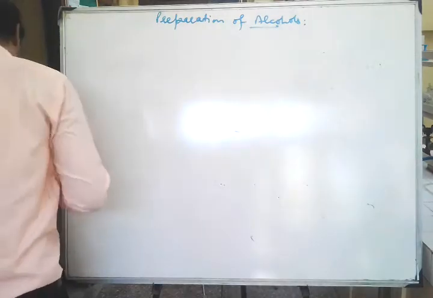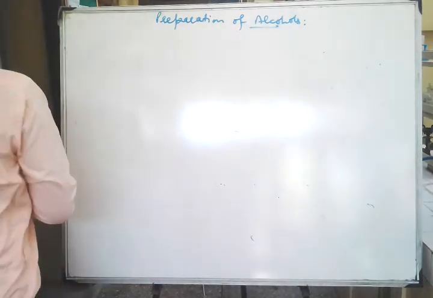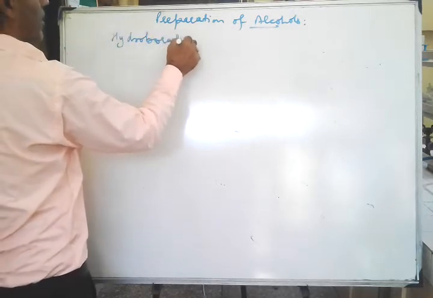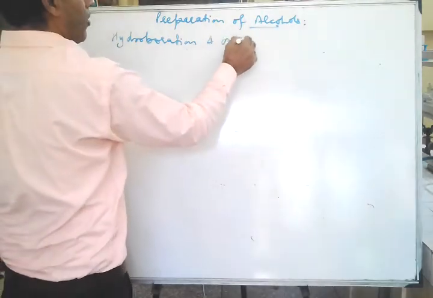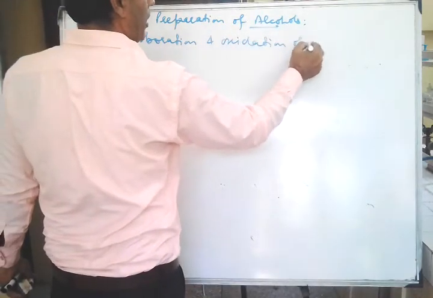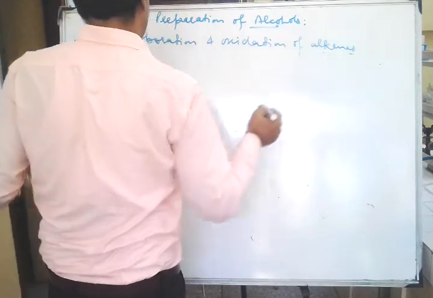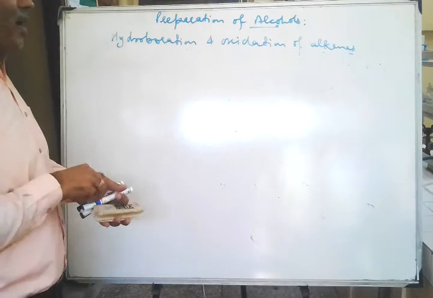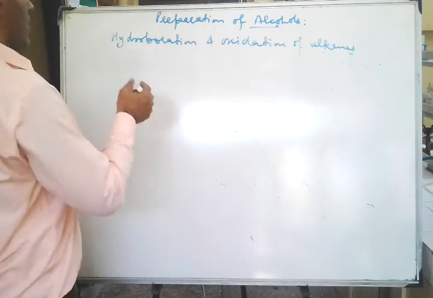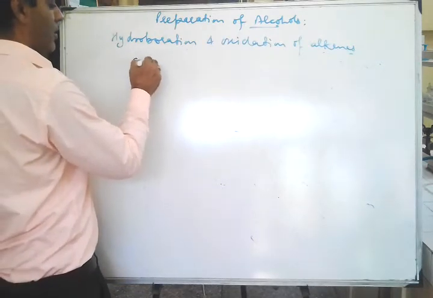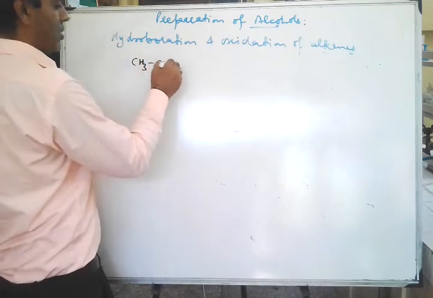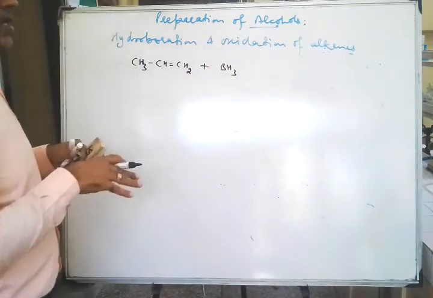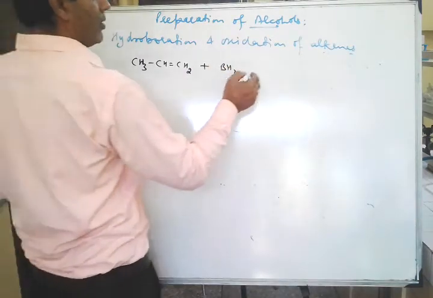Yes, hydroboration and oxidation of alkenes. So hydroboration means addition of hydroborane, that is BH3. So I am taking here alkene CH3, CH double bond CH2. So BH3. This is borane, this is also known as hydroborane, right?